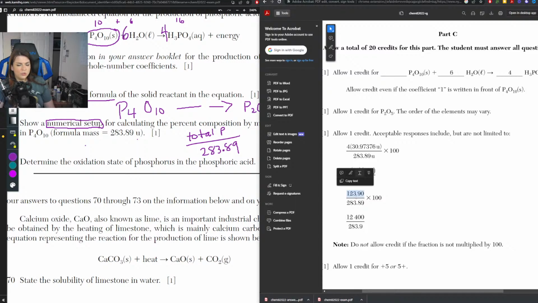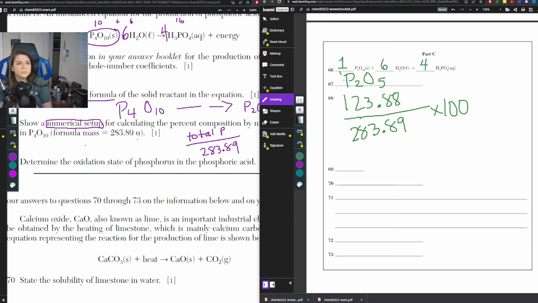They allowed you to do the math, which is what I did, 123.88. I don't know what this is. Oh, they've already multiplied it by 100 in the numerator, which is silly, but okay. They did that part in the numerator of their thing.